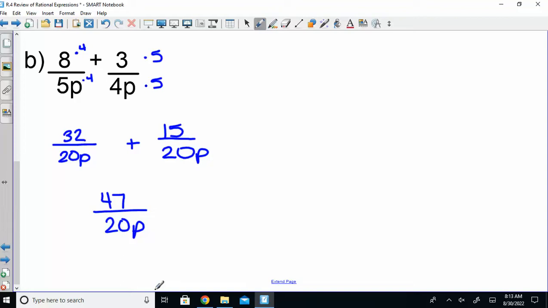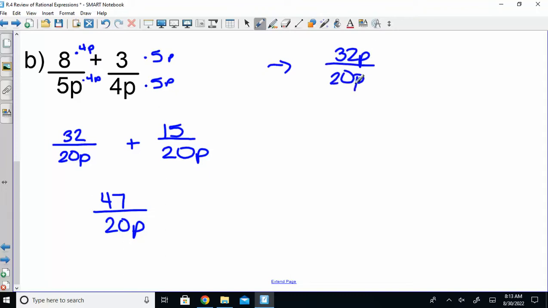Kind of as a side note, on this problem, I always have people that want to multiply by 4p and 5p. Would we be wrong? Let's see, if we did that, it wouldn't really change anything because you just have to take out another p.